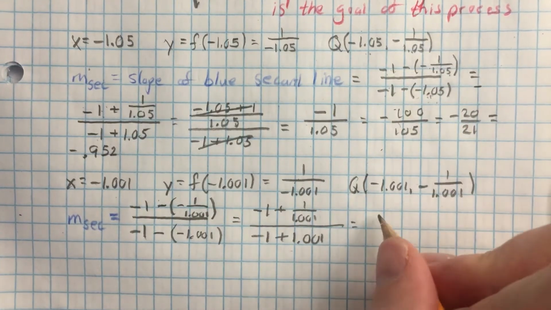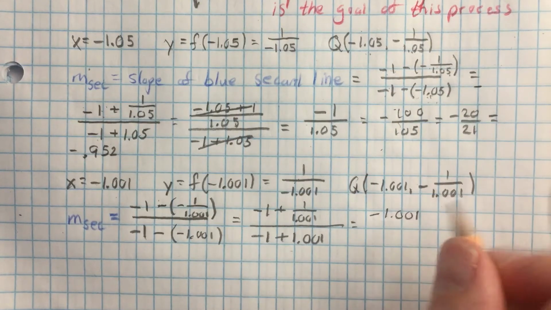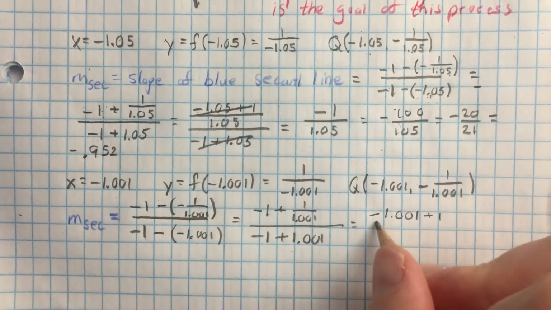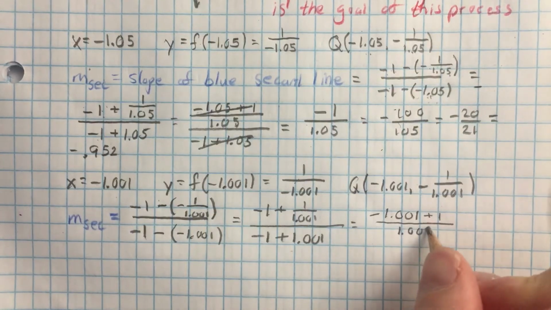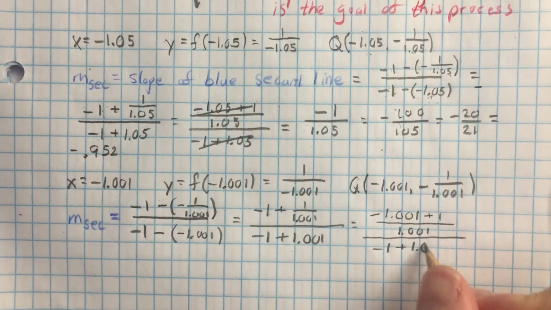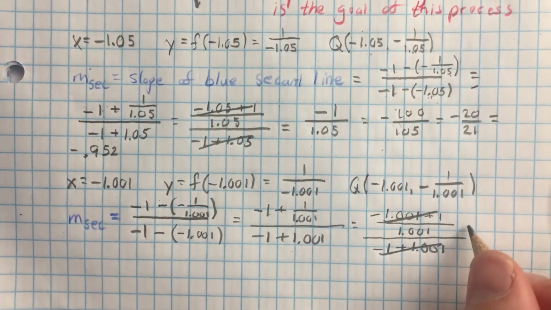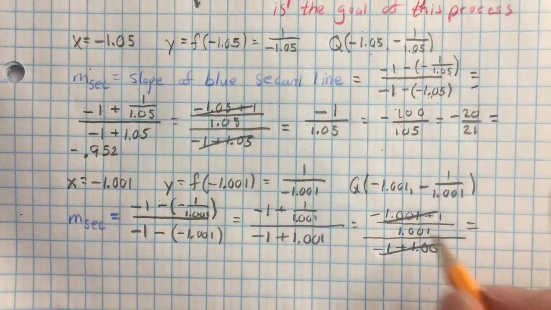Okay, simplifying a little bit further, I have negative 1.001 plus 1 over 1.001 all over the exact opposite of what's in the numerator. So therefore these two will cancel again, it looks like.